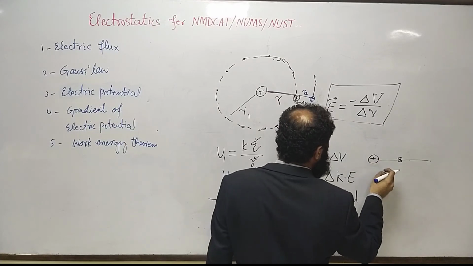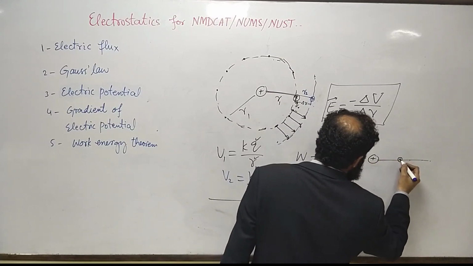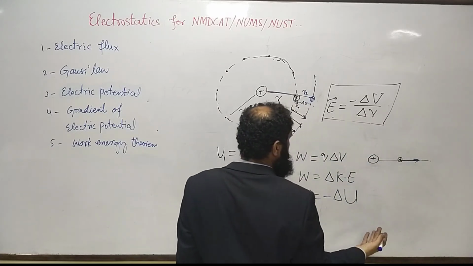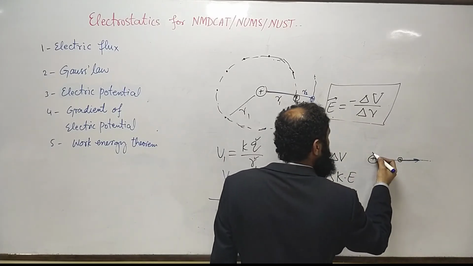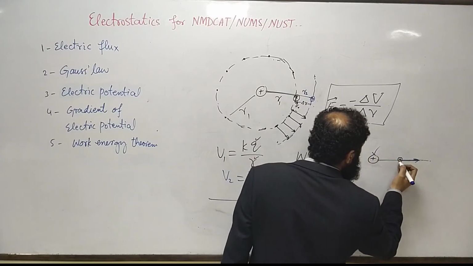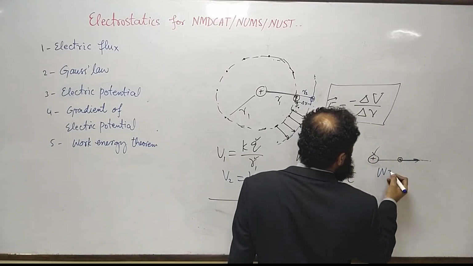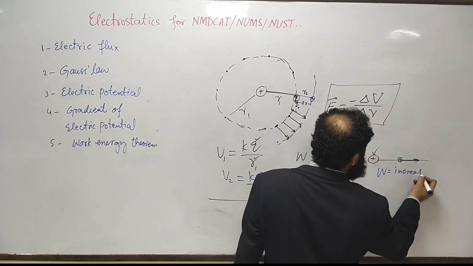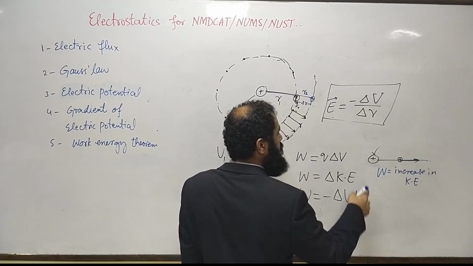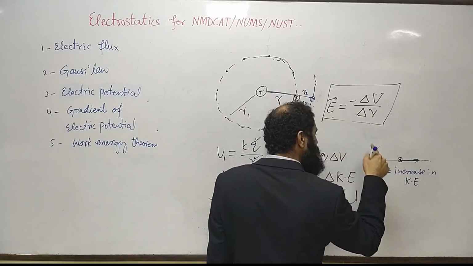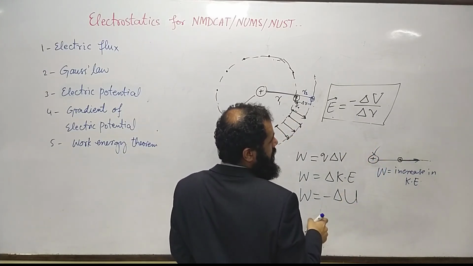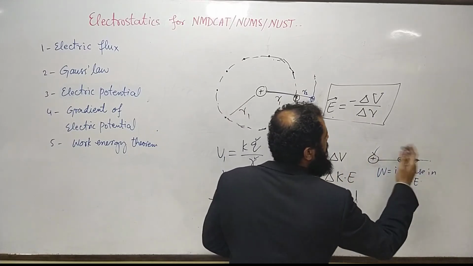So what would happen? This positive charge would start moving in this direction, it would get some kinetic energy. So the work done by this positive charge on this test charge is equal to change in the kinetic energy. So work done is increase in kinetic energy if this work done is done by the source charge, by the system, it increases the kinetic energy.